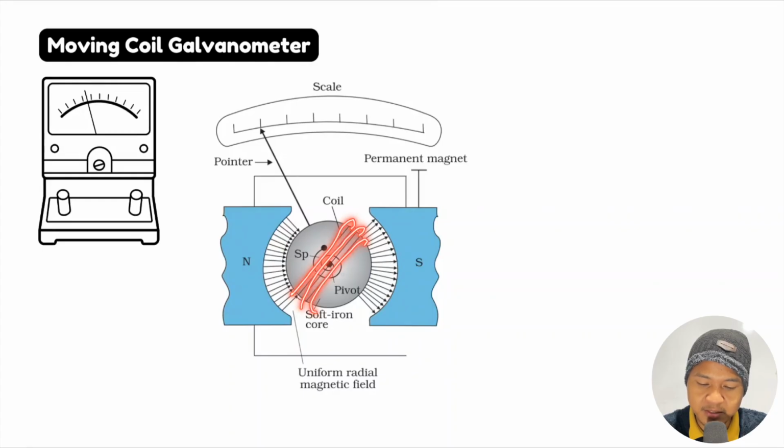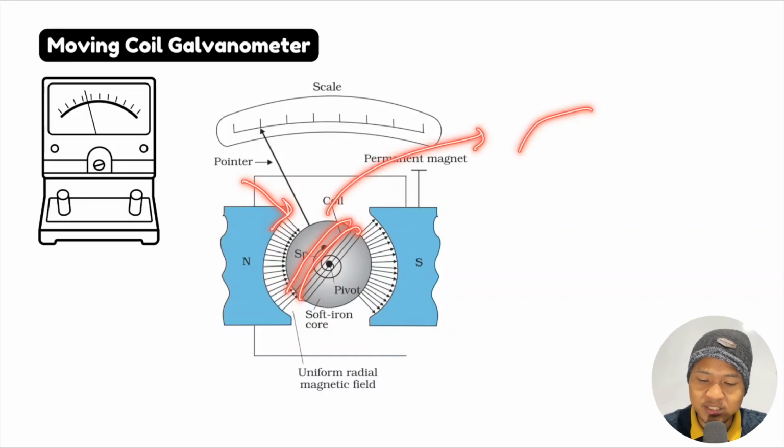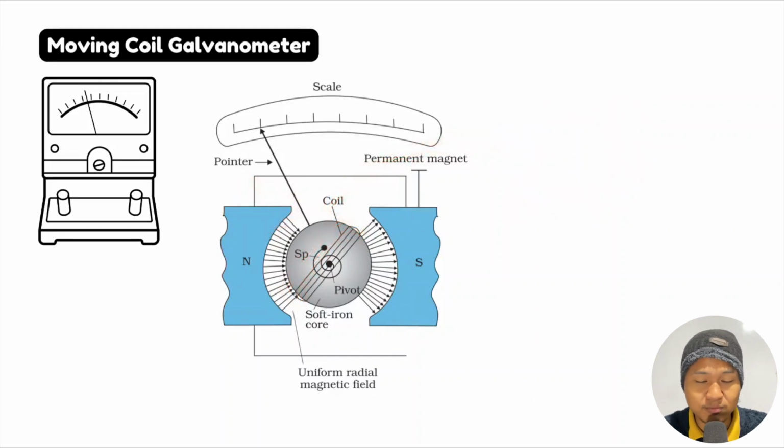Current flows through this winding. As in the torque derivation with a rectangular loop, you may get a circular loop like this. When current flows, torque acts and there will be rotation.